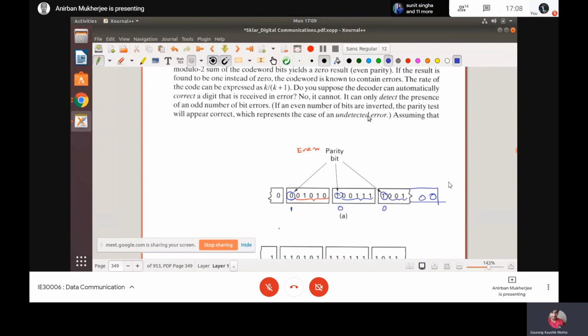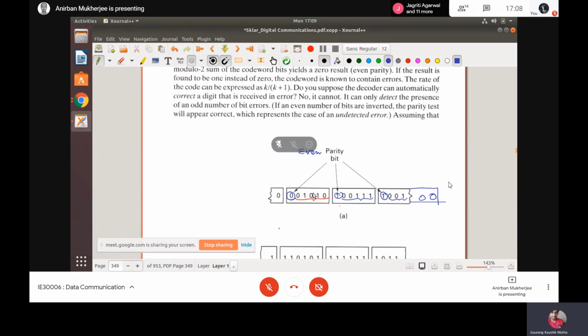Okay. So in this case, forget about odd parity. Now let me talk about even parity. Now in this even parity, how will you detect the error? That means after you have sent this from the transmitter, this block has gone through the channel and finally it is received at the receiver.